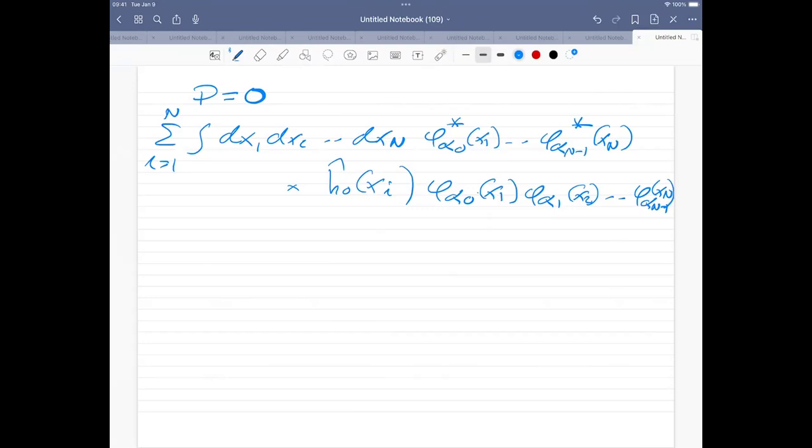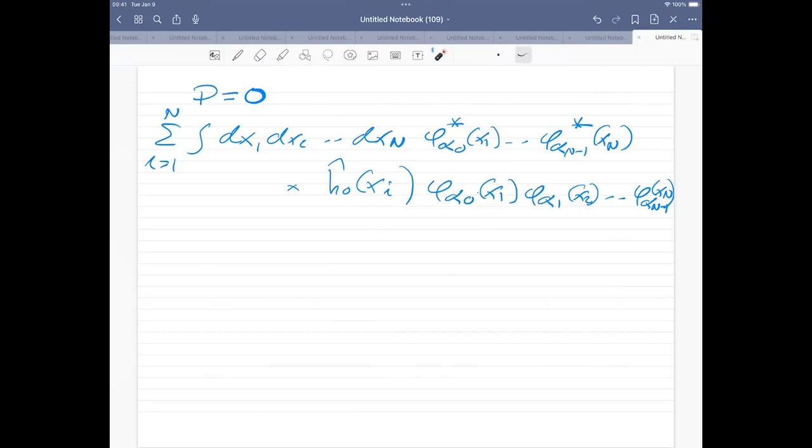So now we are just looking at the base state, which is the Hartree state, which is just a product. As we saw from the two-particle case, h0 of x i is going to act on this one, then on this one, and finally on the last one.